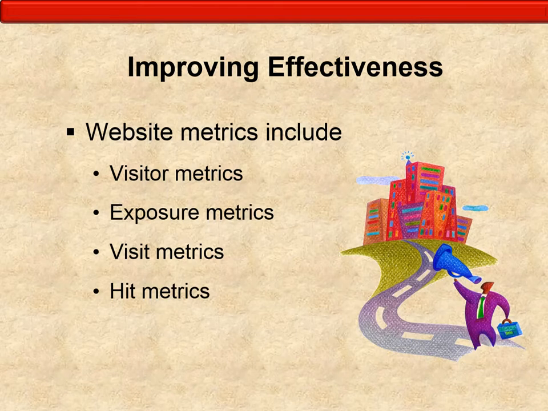How much exposure are you getting on the World Wide Web? Where do you place in search engines? And how easy is it to find your website by doing searches. Visit metrics, we just talked about what pages are visited, how long they stay on the page, and all of that. And then hit metrics, simply how many times has your website shown up in a website search.